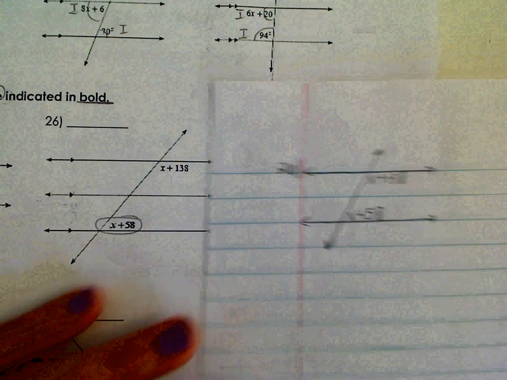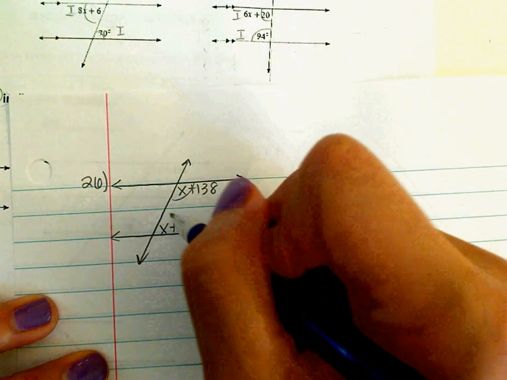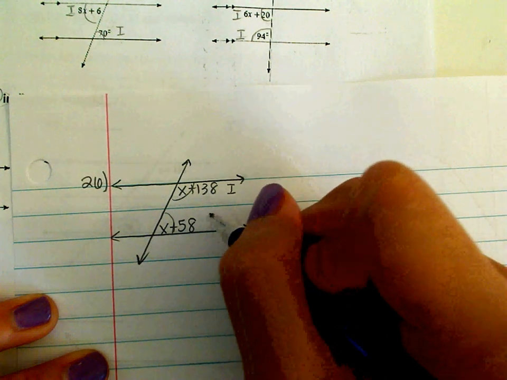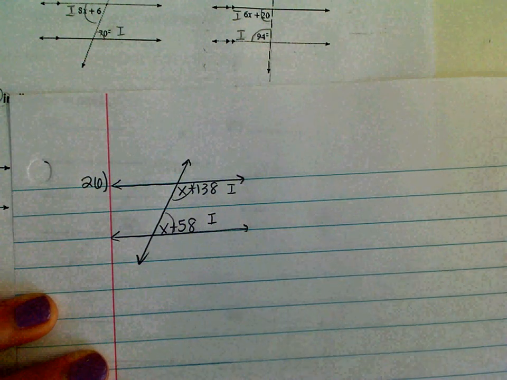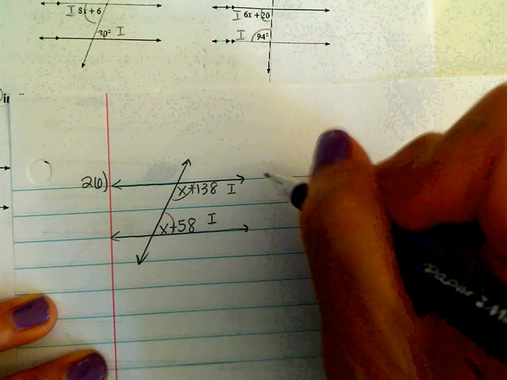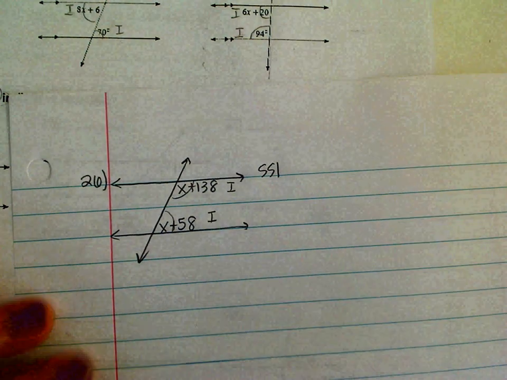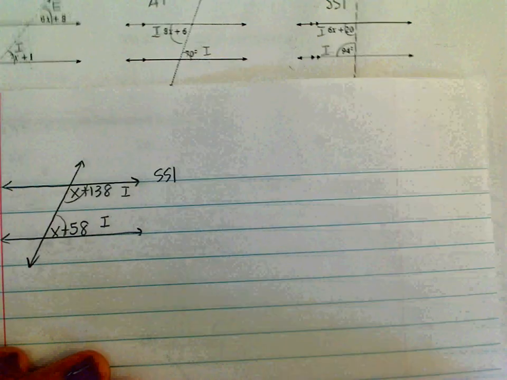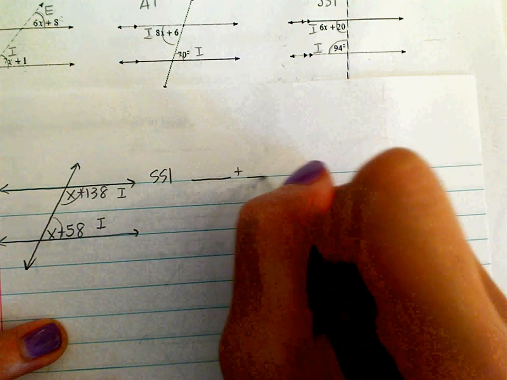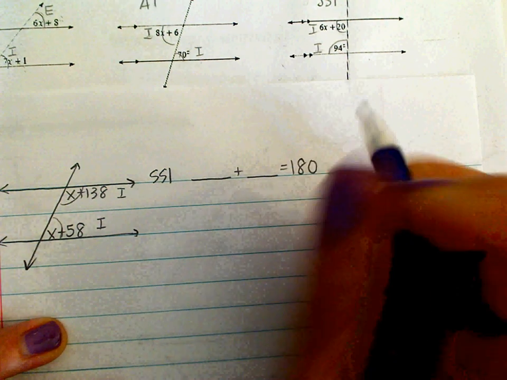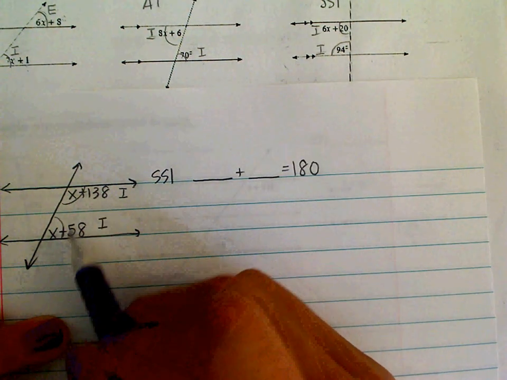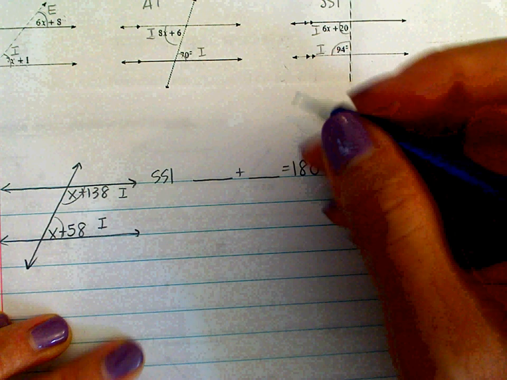So I've got this angle and this angle. They're both interior. Okay, and they're on the same side. So this is an SSI. So we're going to do blank plus blank equals 180. Remember, it's only 2 because we're working with angle pairs. That's different than triangles. Triangles have 3 angles that we have to consider.